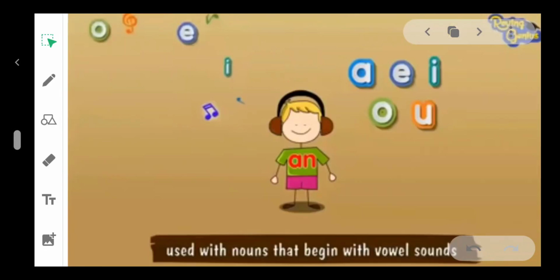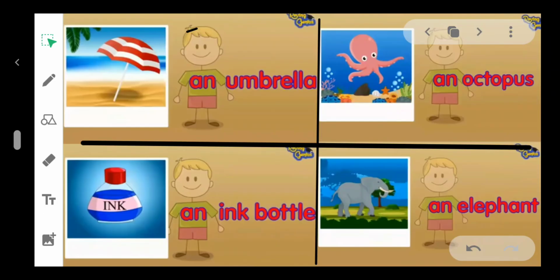Let us see the use of article an. We use article an with nouns that begin with a vowel sound. For example, an umbrella, an octopus, an ink bottle, an elephant.